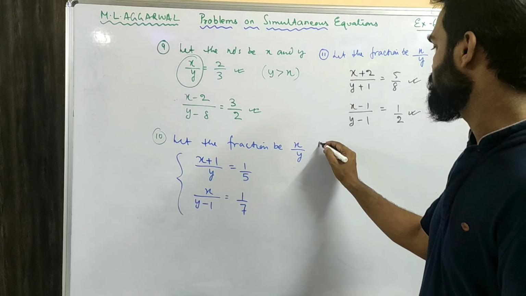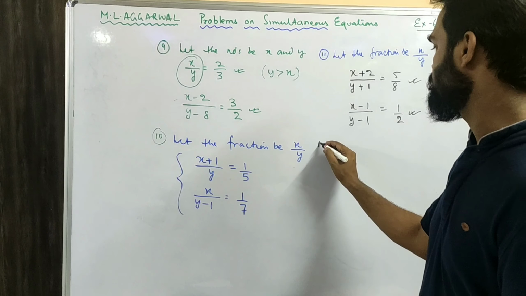Now we look at sum number 14. Same digit sum. A number of two digits. So let the two-digit number be 10x plus y, again whose tens digit is x and unit digit is y.